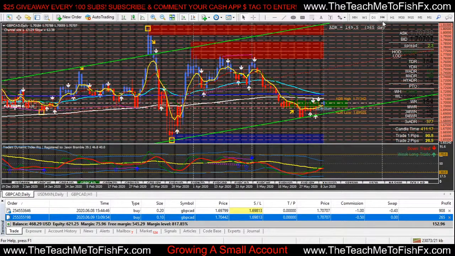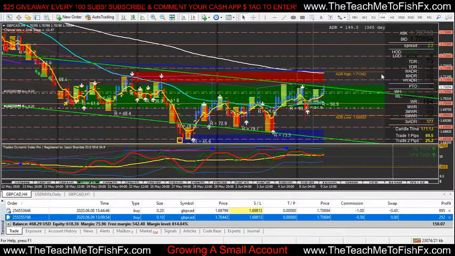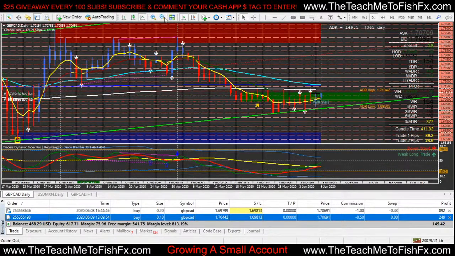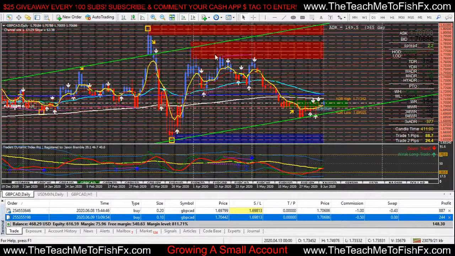And so for me, once the 4 hour shows me exhaustion, I'm going to move up to the daily, and I'm going to decide then if I can withstand the possible fluctuations of this pair.